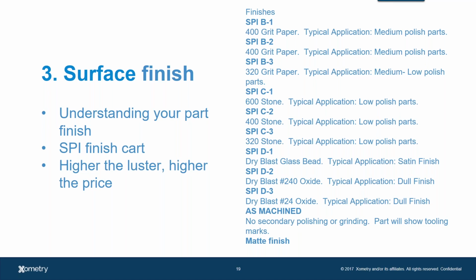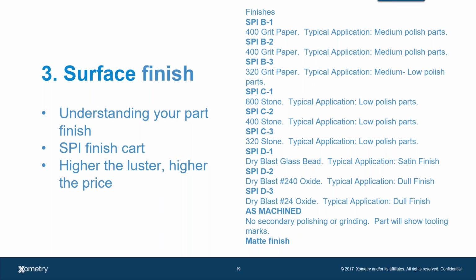A lot of times I get quotes from customers who require, let's say, an A-class finish. Then after talking with the customer, I realize you really don't need that. And instead of spending thousands of dollars sending this out to get polished, you can just do a D1 finish. It doesn't really matter for their part after all.